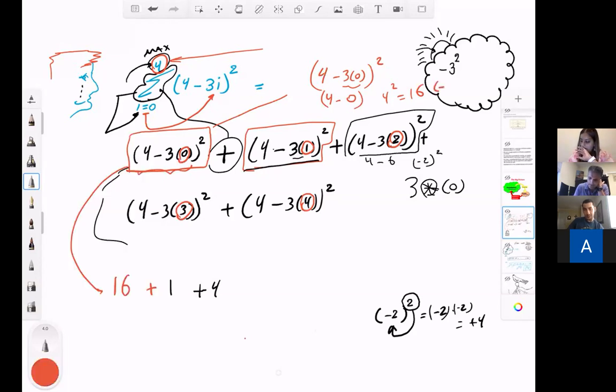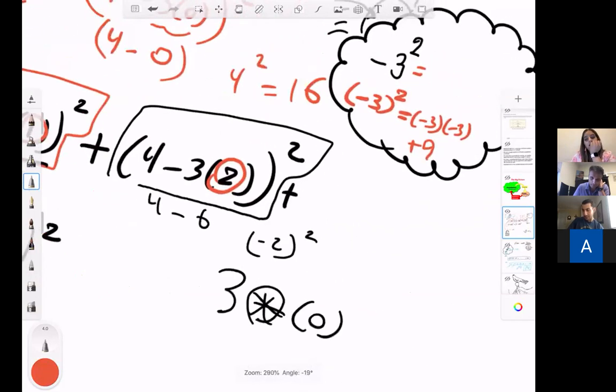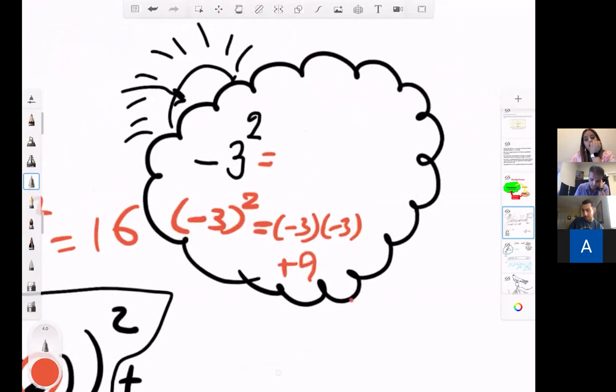If the question was (-3) squared, then that means -3 times -3 gives us +9. But if you have a question like this, -3 squared without parentheses, this exponent only belongs to the base 3. So the negative is outside. We have 3 multiplied by 3, and the answer is -9.